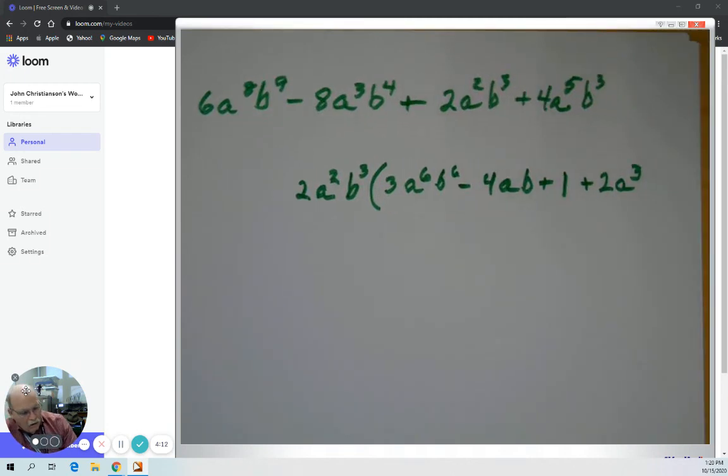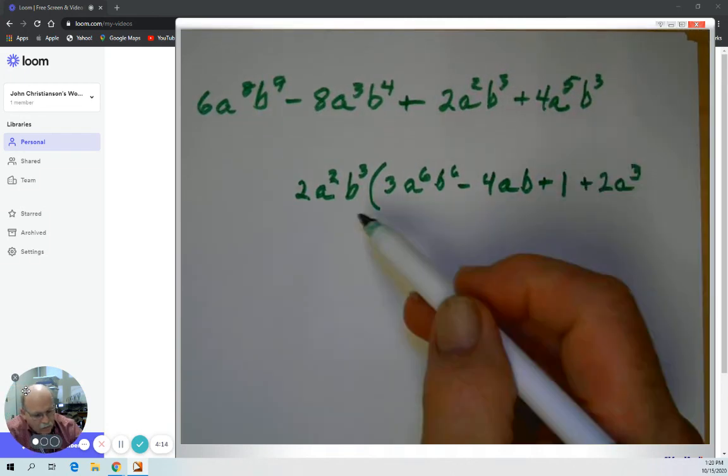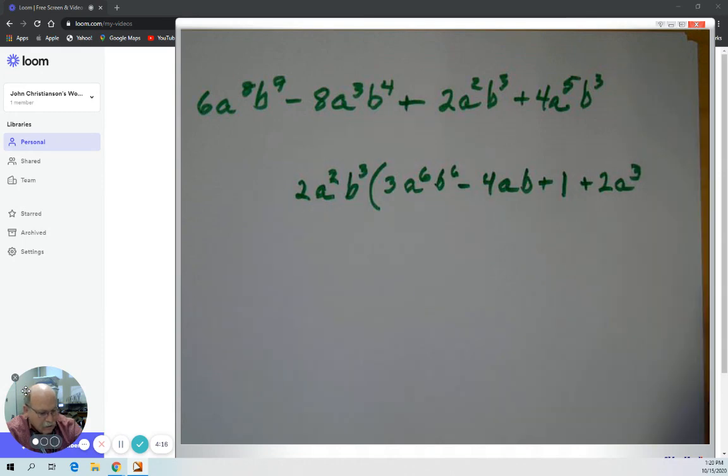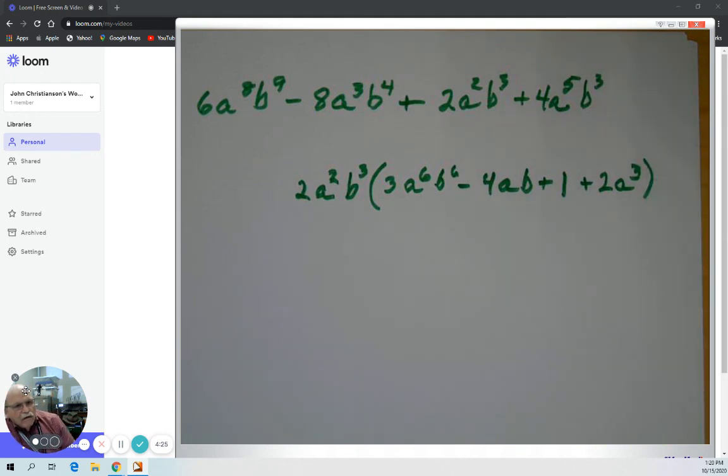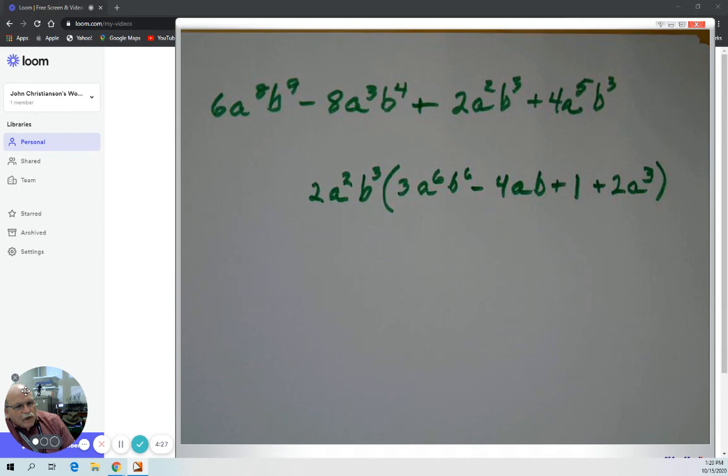And b to the 3rd, 3 minus 3 is 0, so that's 1. And so that's it. We have successfully figured out the GCF and factored that out of that polynomial.